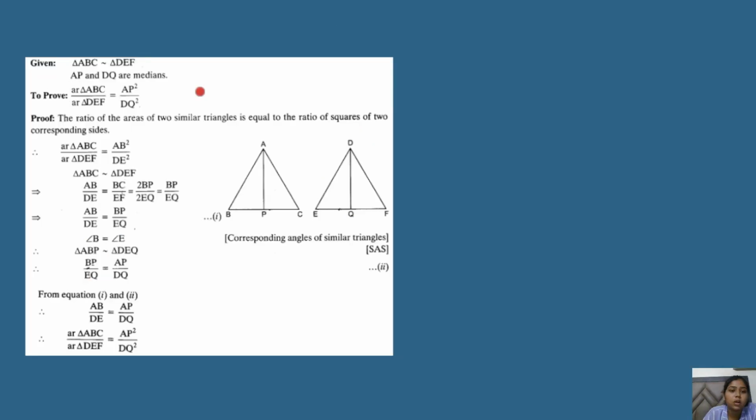Now your question is triangle ABC and DEF. They are two triangles which are already similar. Already similar is given, and there are two medians present on both of them, that is AP and DQ. Right, these are the two medians. Now you can see that this is something similar.